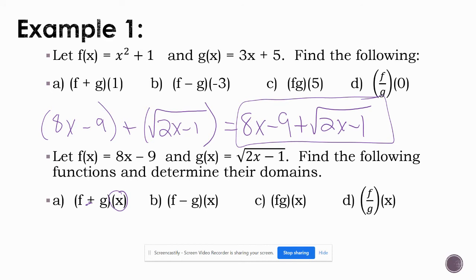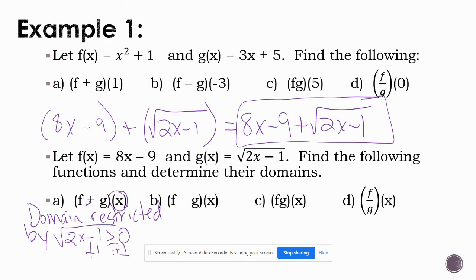Their domain is restricted by the square root of 2x minus 1. Remember, that can't be negative under the radical or it's not real. And so when we did these before, we said, well, to find out where my domain starts, we would take that and set it greater than or equal to 0, because that would ensure that we have 0 or a positive number under the radical, and we'd have a real answer.